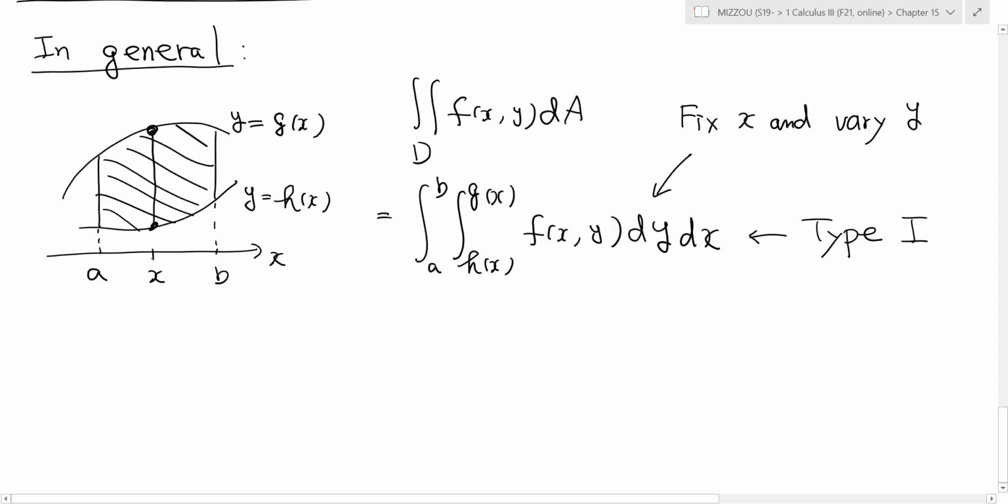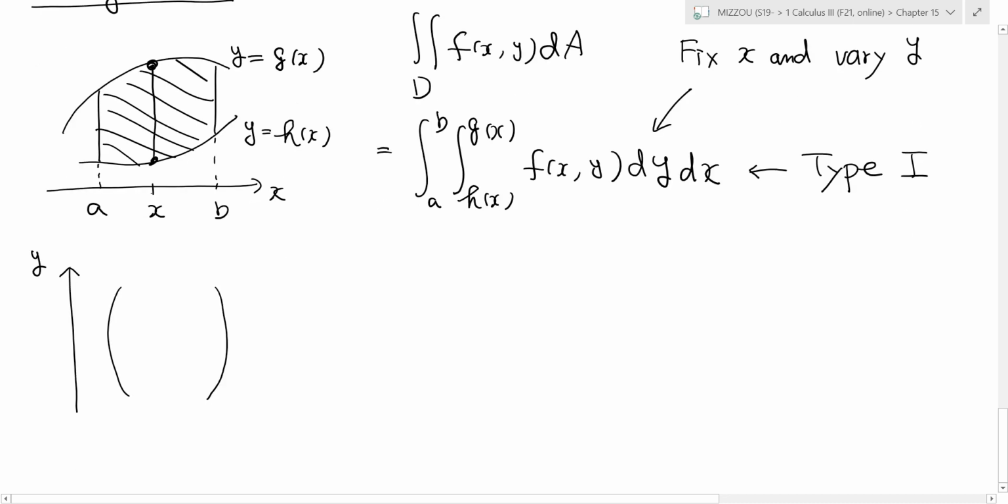And the other type, namely type 2, is actually, so you have the y-axis, and then you have two curves like this. The right curve is solved for x, so x is equal to h of y, and the other curve is x is equal to g of y, like this.